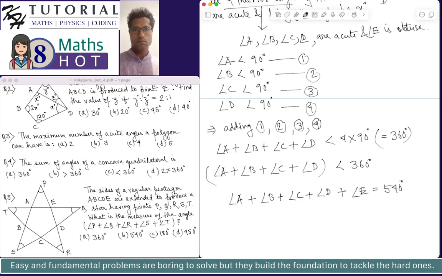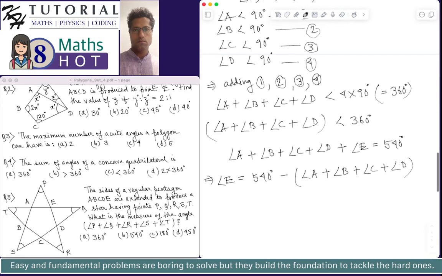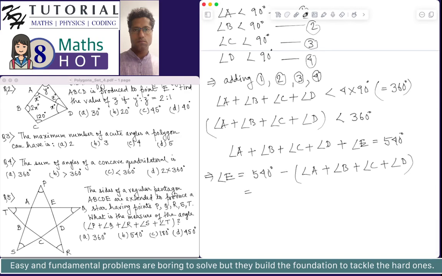Now from here we can say angle E will be equal to 540 degrees minus, transposing all the angles A, B, C, D to the right hand side, angle A plus angle B plus angle C plus angle D. Now this sum of angle A plus B plus C plus D, we got, is less than 360 degrees.